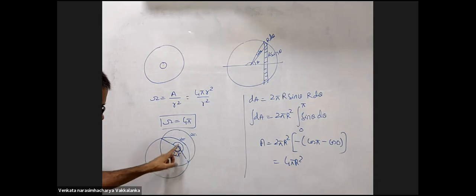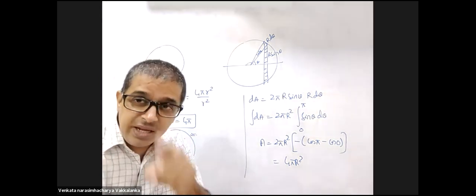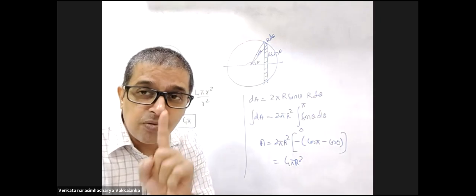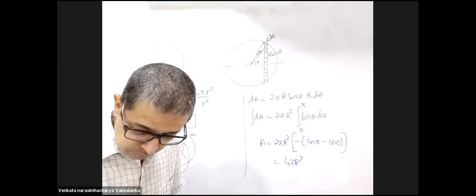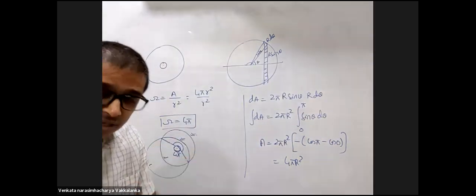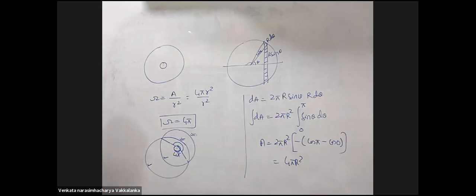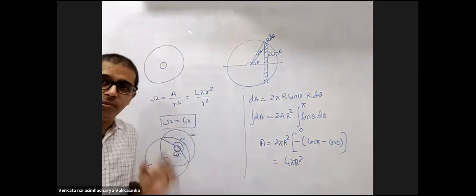For this sphere, if it is 4 pi, for this sphere also it will be 4 pi. Are you trying to tell me that anywhere inside the closed sphere the solid angle subtended is 4 pi? Yes or no? Yes, sir. Convinced till here? Yes, sir. Take it down till here. Sir, so the same statement we wrote for 2 pi will be applicable here also, for 4 pi.